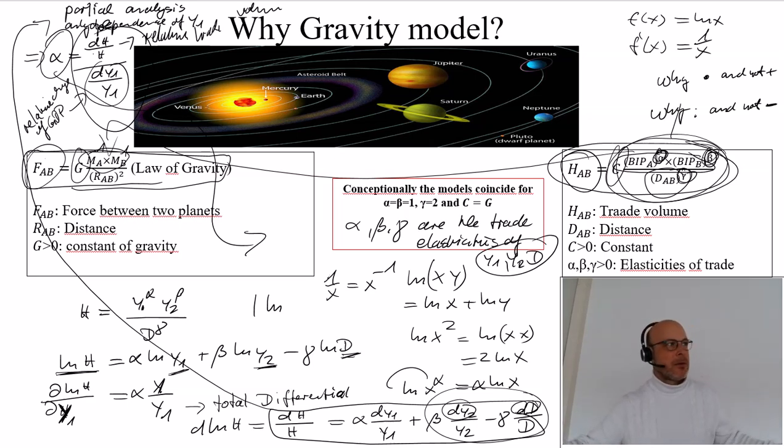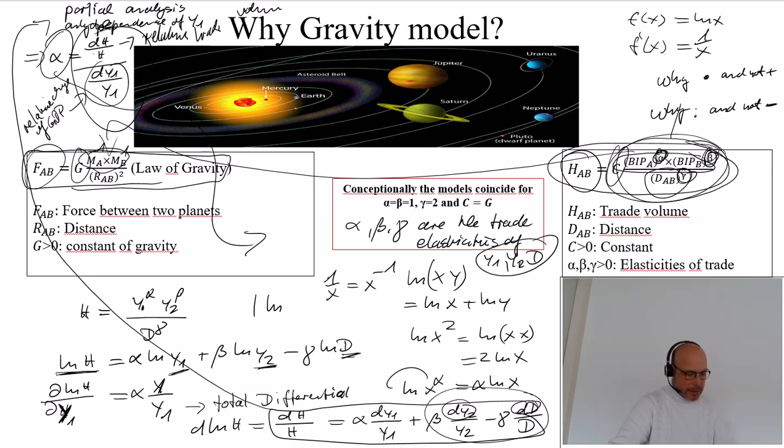Distance is measured in a different unit compared to GDP in euro or US dollars. And also, if the distance were too large, this number could be negative.